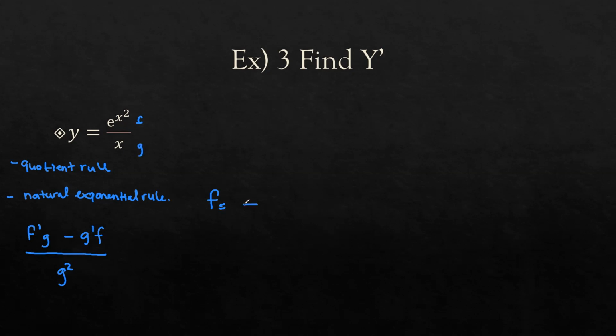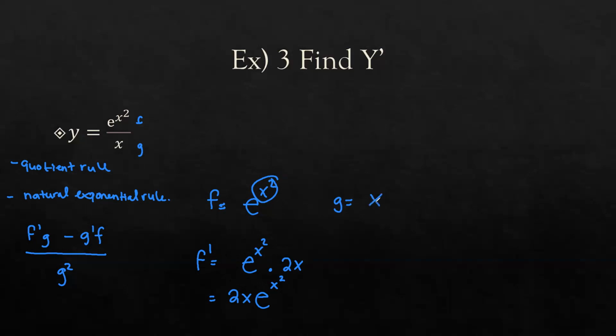So f is e to the x squared, and f prime, using the natural exponential rule, is e to the x squared times the derivative of the power. The derivative of x squared is 2x, so f prime is 2x e to the x squared. And g is x, and g prime, the derivative of x, is 1.